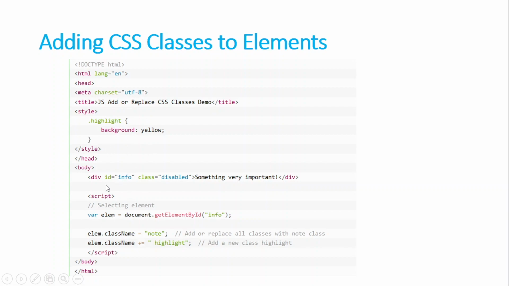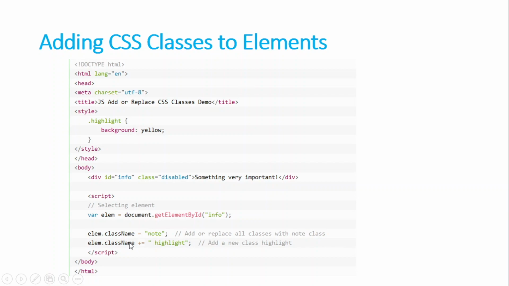Let's say we have this info element with the info ID, and we are storing that inside this elm object. Now we are applying elm.className, and we are specifying the class name that we want to apply. So basically we are adding this node class, and the node class will be applied to this info div.